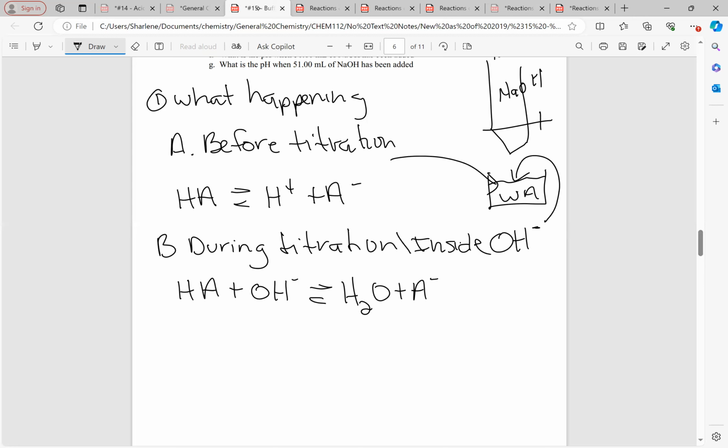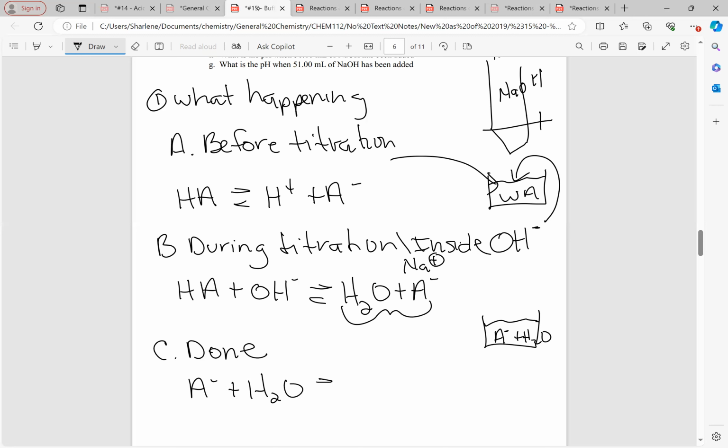And then when we're done, the only thing left floating around in this beaker is going to be A minus plus water. Okay, so it's going to be those 2 and then any counter ions. And they're going to react together to reform some weak acid.